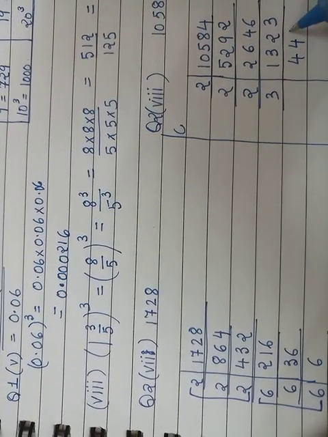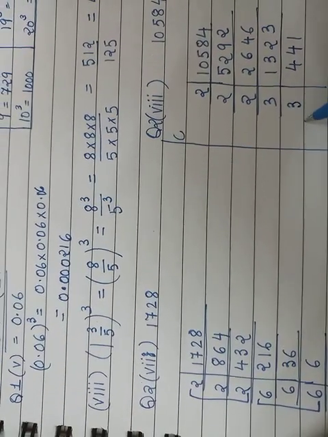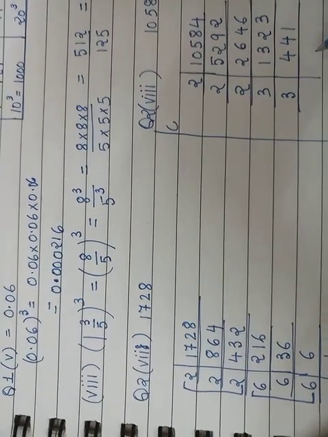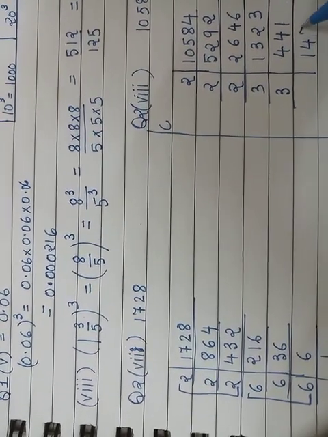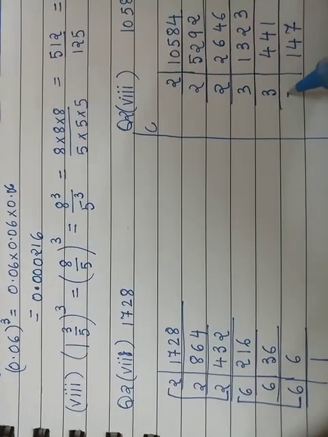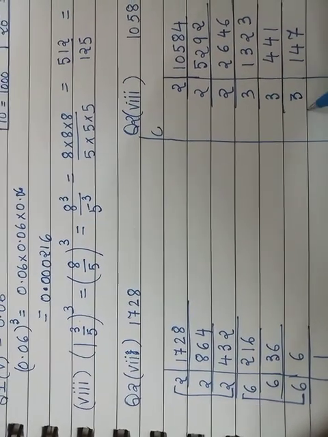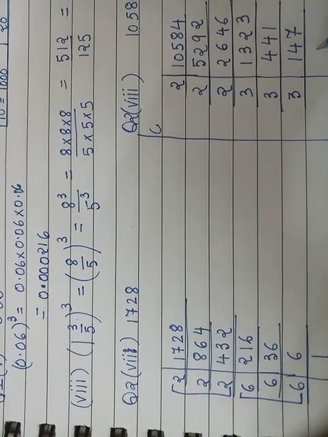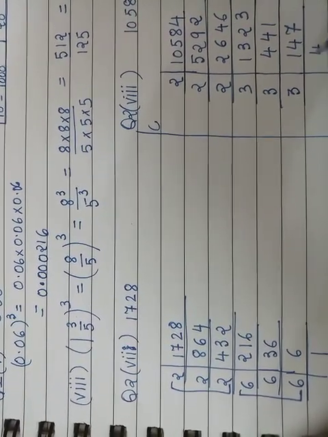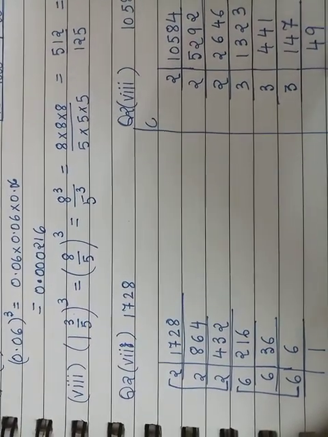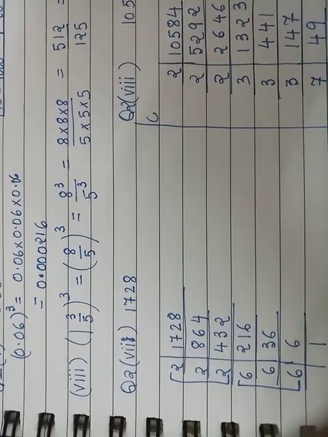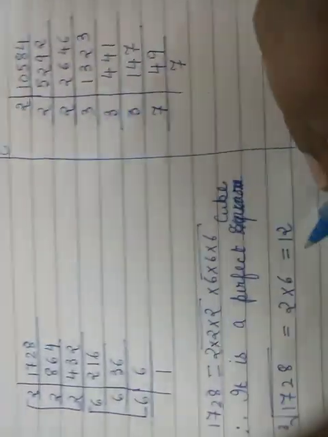So you'll get 441. Again it is divisible by 3. You will get 147. Again it is divisible by 3. You will get 49. Now 7 7s are 49.